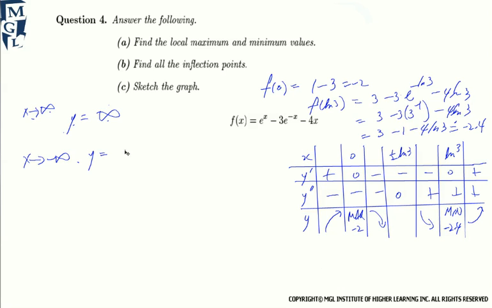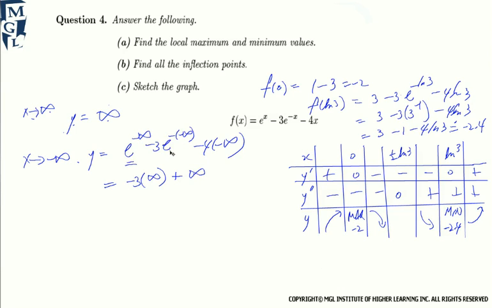Then you get y is equal to e to the power minus infinity minus 3 e to the power of minus of minus infinity minus 4 times minus infinity. This is approaching 0. And here we have minus 3 times essentially infinity plus 4 times infinity, this is also positive infinity.